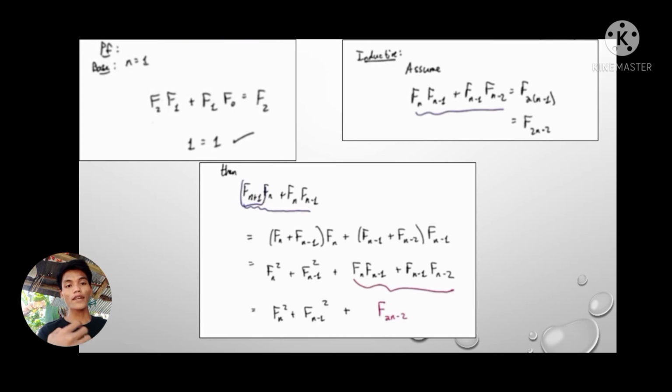Then f sub n plus 1 multiplied by f sub n plus f sub n multiplied by f sub n minus 1 is equal to f sub n plus f sub n minus 1 multiplied by f sub n plus f sub n minus 1 plus f sub n minus 2 multiplied by f sub n minus 1. If we simplify it, the remaining is f sub n to the power of 2 plus f sub n minus 1 to the power of 2 plus f sub 2n minus 2.